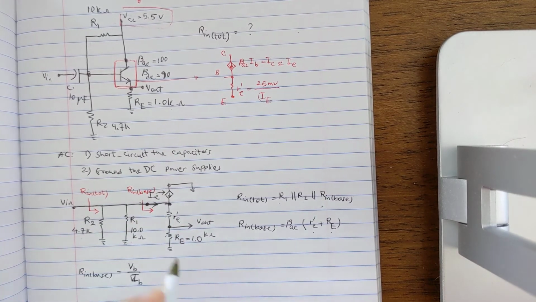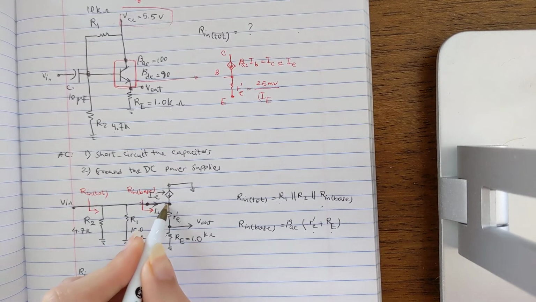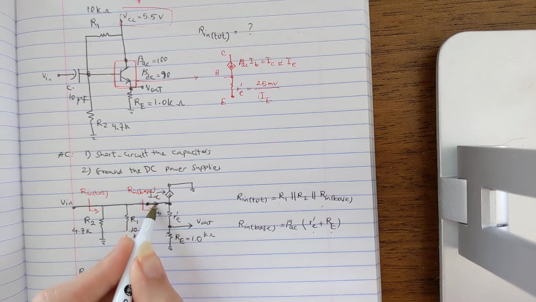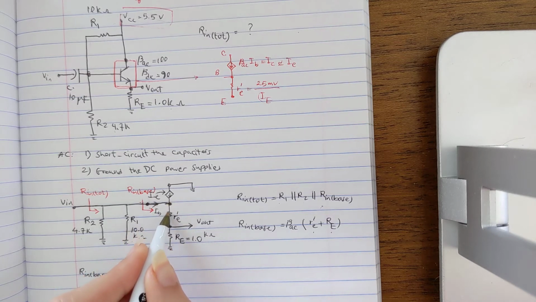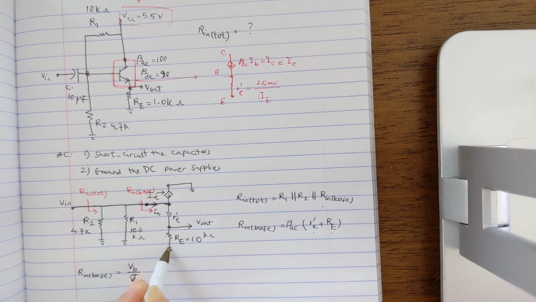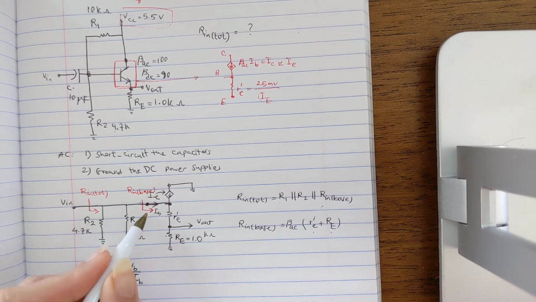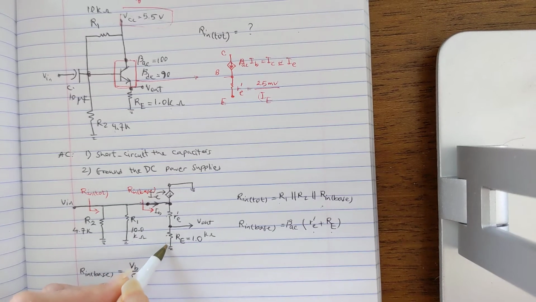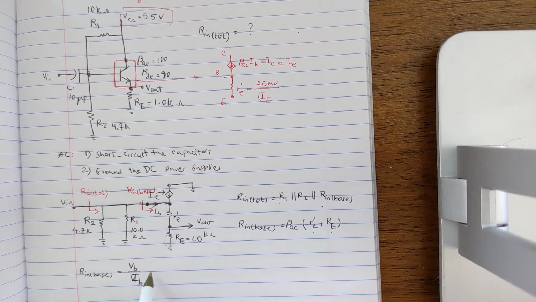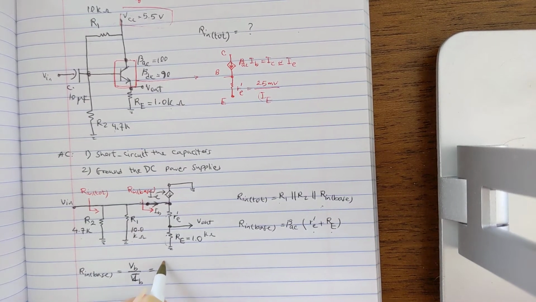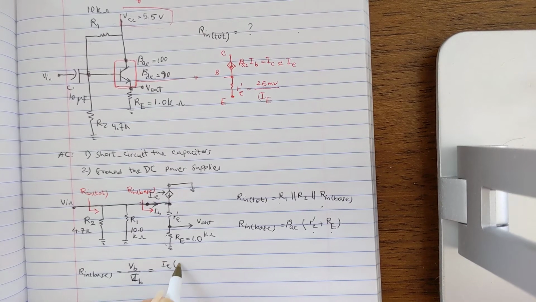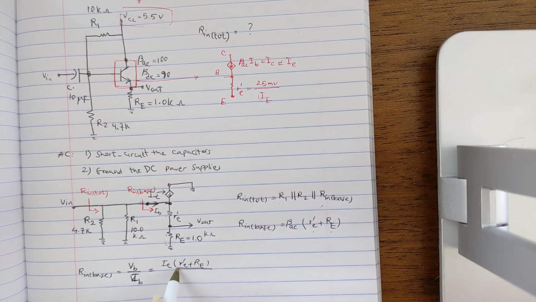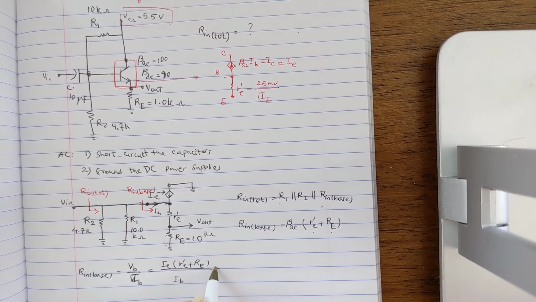Remember, this IE is here, IB is here. Since IB is small, all of this current that you see here, IE, is going to go through this resistor. And VB, the voltage over this path, again by Ohm's law, is going to be IE multiplied by R prime E plus RE. This is over IB.